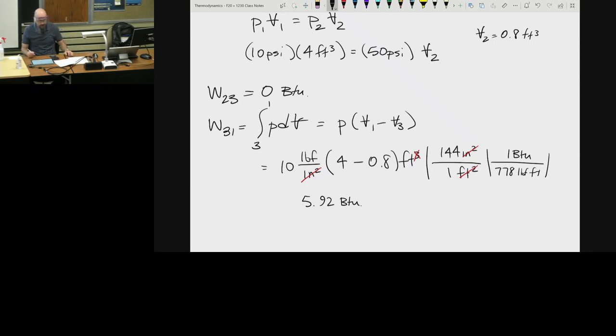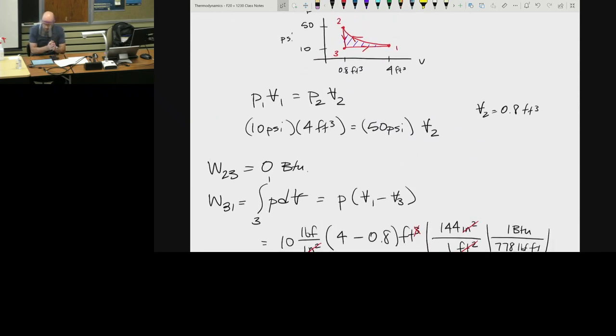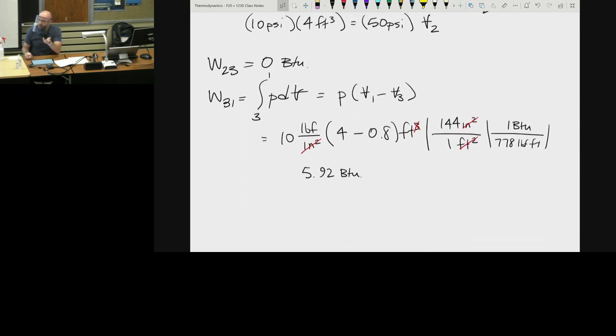It should be positive because on my diagram it is expanding, going from 0.8 feet cubed to 4 feet cubed. I'm not sure if I typed things into my calculator right, but I do know that it's positive and it should be positive, so that gives me a little bit of comfort. If I got a negative number, I would think I may have done something wrong and want to go back and check it.